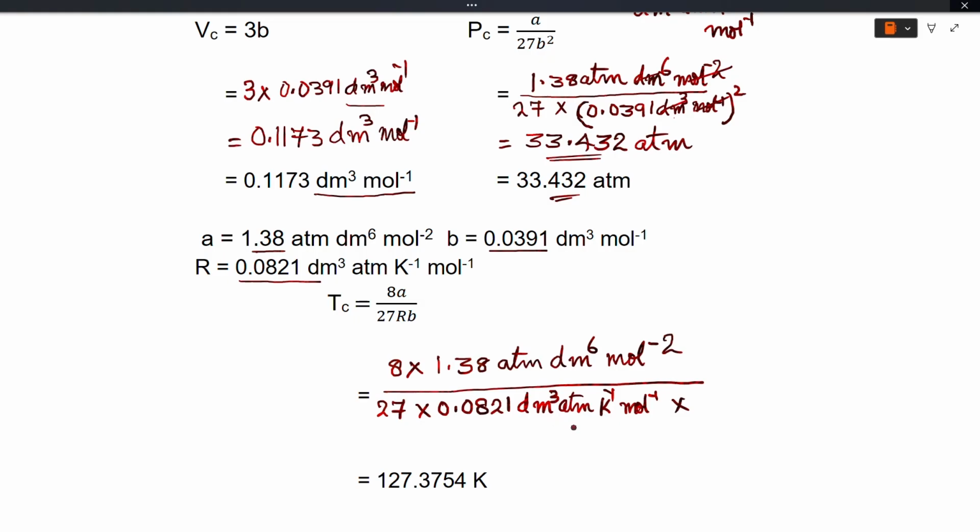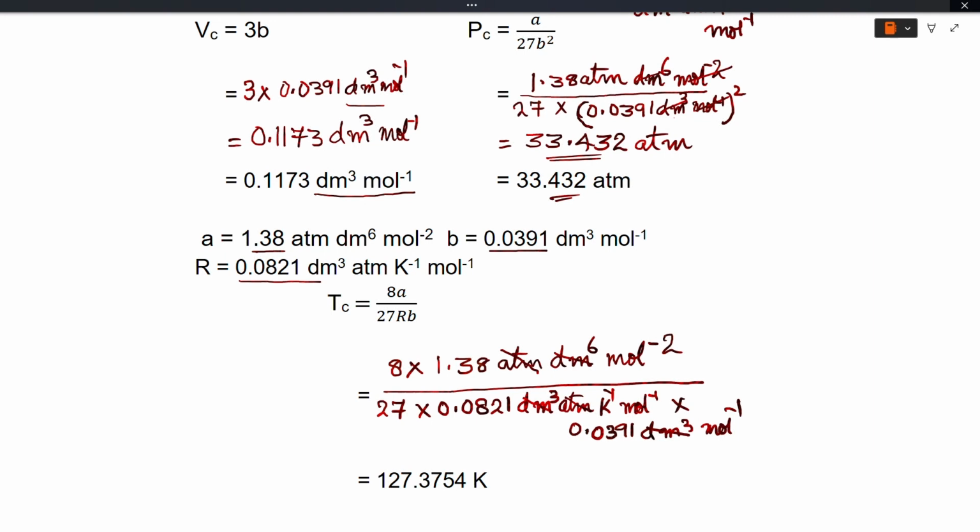Okay. Next is b into, I will write it below. The value of b is 0.0391 decimeter cube mole inverse. Now, just check. Here we are having decimeter raised to 6, here decimeter raised to 3, and again here decimeter raised to 3, that makes decimeter raised to 6, so they get cancelled. Next, in the denominator we have atmospheres, so we can cancel this atmosphere with this atmosphere.